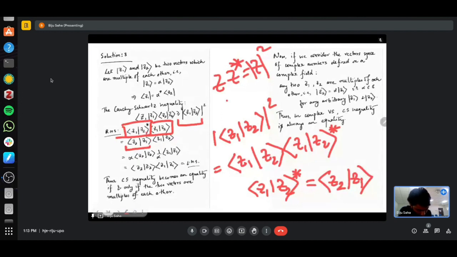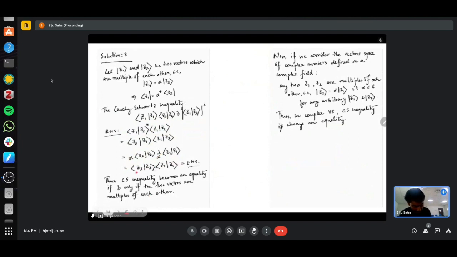Next we use the definition of our special case where z1 is a multiple of z2. We substitute z1 equal to alpha times z2 in the first step, and in the second case we substitute z2 equal to 1 by alpha times z1. After this we could immediately cancel both the alphas, because one is in the numerator and the other is in the denominator, and then this is what remains.